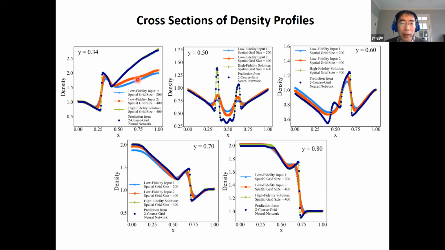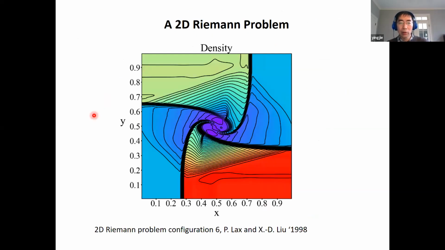You see the light blue and red are the input solutions, pretty bad. The dark blue and the green one is the exact solution. The dark blue is the prediction, almost totally covering the green solution. And this is the cross section at y equal to 0.5, here.